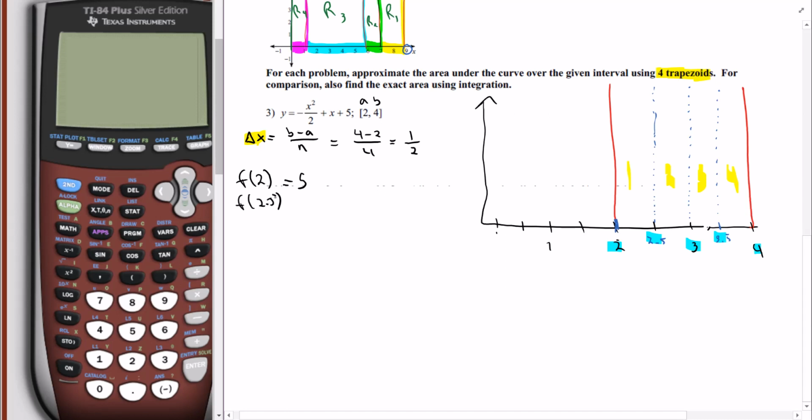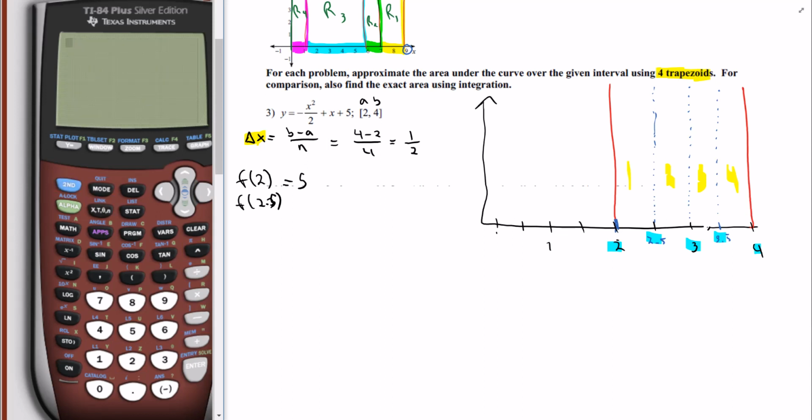Now I don't want to make a mistake on this. I'm going to go ahead and use the calculator, which you're allowed to do on this problem, and turn it on. All right. So let's put it up here: negative x squared divided by 2 plus x plus 5, right?